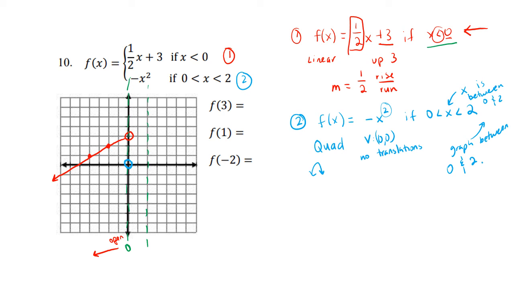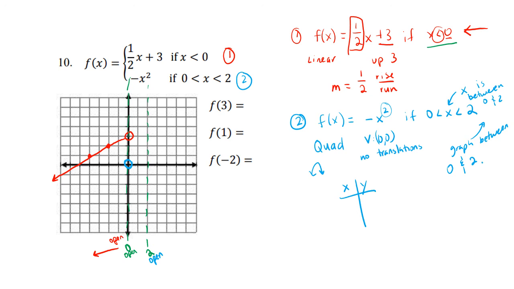So our graph is only going to be in between those two lines. So it's going to be a nice little tiny graph there. At 0, it's just less than, so it's going to be open. And at 2, also it's just less than, so it's going to be open. So when we get to both of them, they're going to stay open. So that vertex that we graphed as open, keep it open. Don't have to do anything there. To finish off this graph, it's quadratic, we have to use the table.